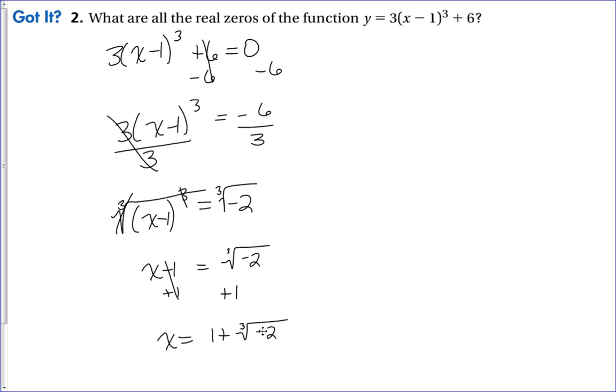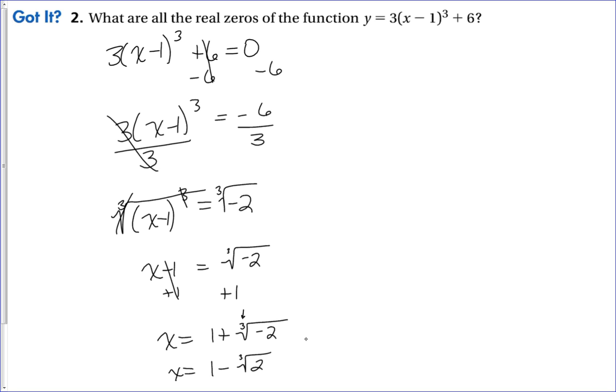But what we can do is pull out this negative, because you could rewrite this as negative 1 times 2, and the cubed root of negative 1 is, of course, negative 1. So the proper way to write this is, when you have a negative under the root and an odd-powered exponent, pull out the negative. Our answer would actually look like 1 minus the cubed root of 2.